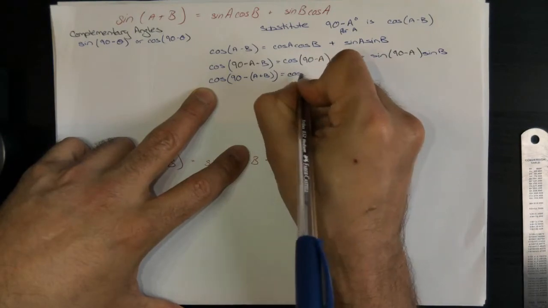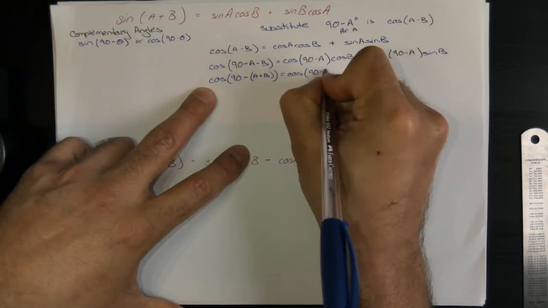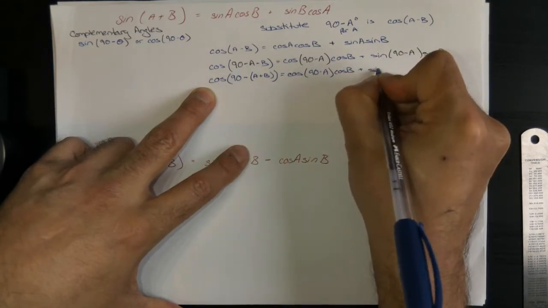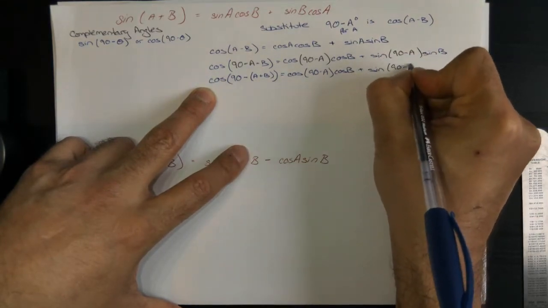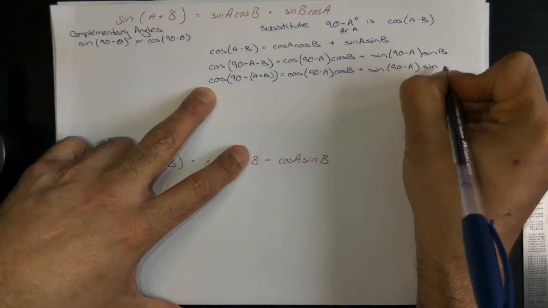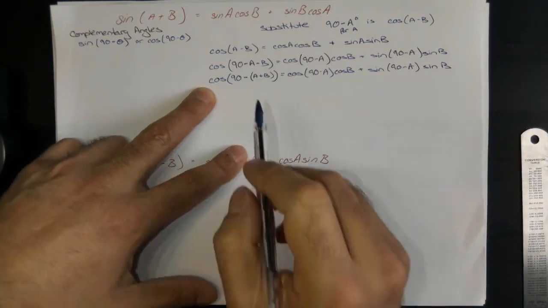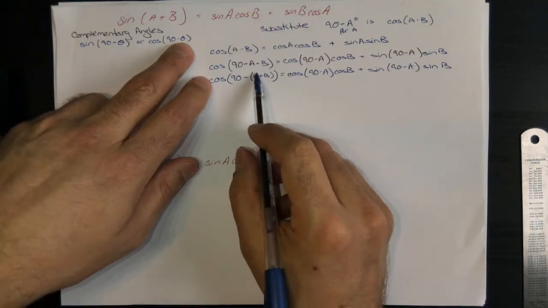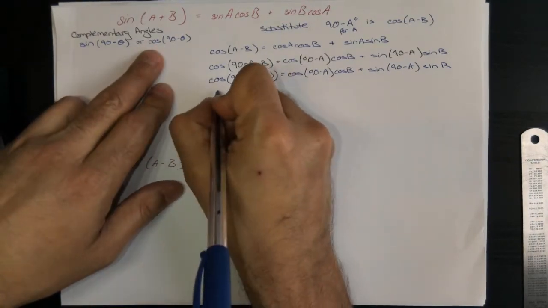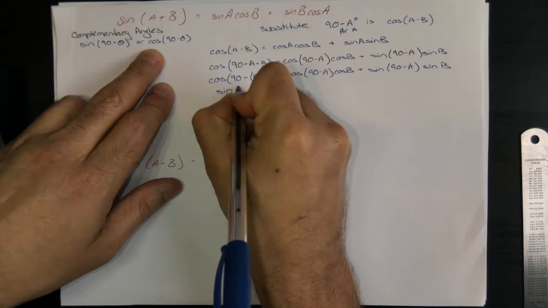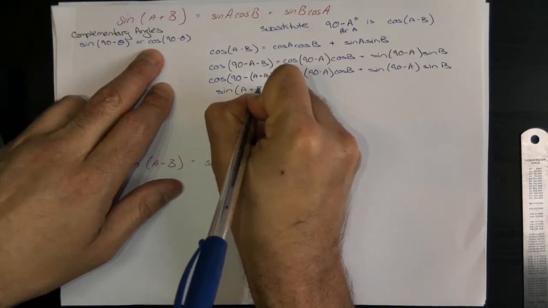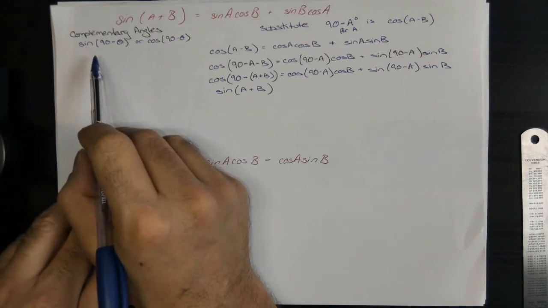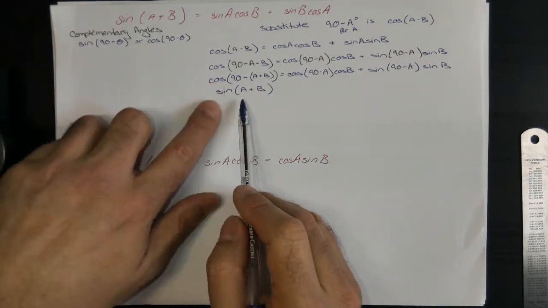Let's just write that down. So using our complementary angles, cos of 90 minus theta is equal to sine theta. So this becomes sine A plus B.